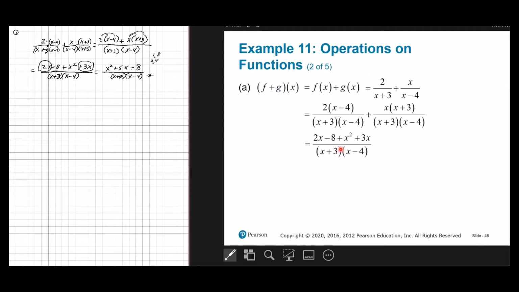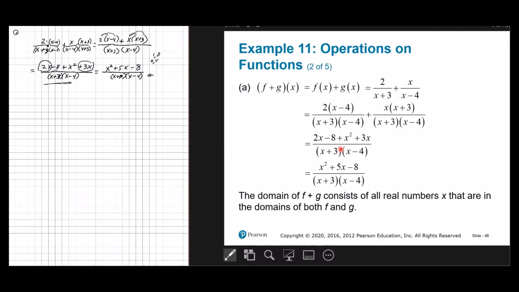And so this is the same thing I have here. And they get the same thing I did. And so we look at the domains of f and g, and the domains of f and g are what the domain of their sum is. X can't be -3 and x can't be 4, because either -3 or +4 makes 0 happen in the denominator.